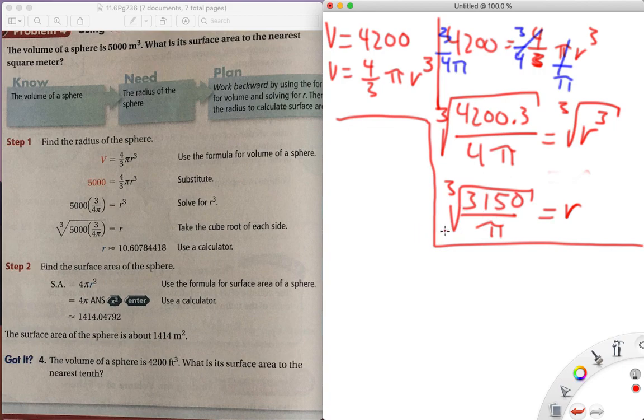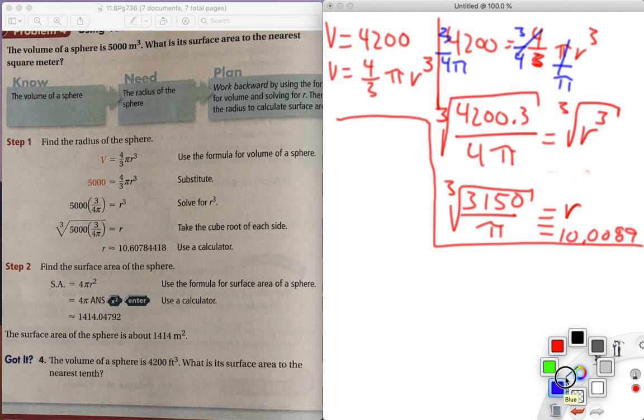Once we find our radius, we can substitute that into our surface area equation. If you want to know what the number is, it's going to be about 10.00891253. So that's what the number is if you were to cube root it.